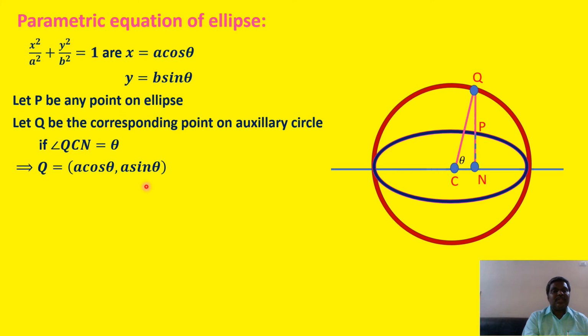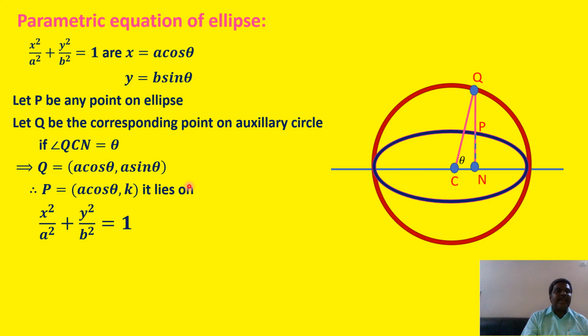The only varying one is the y coordinate. Let us say k or lambda. Then the coordinates of P may be taken as a cos theta comma k, which is on the ellipse. Am I correct or not? So any point P on x square by a square plus y square by b square equal to 1 is of the form a cos theta comma k. Does it lie on the ellipse or not?